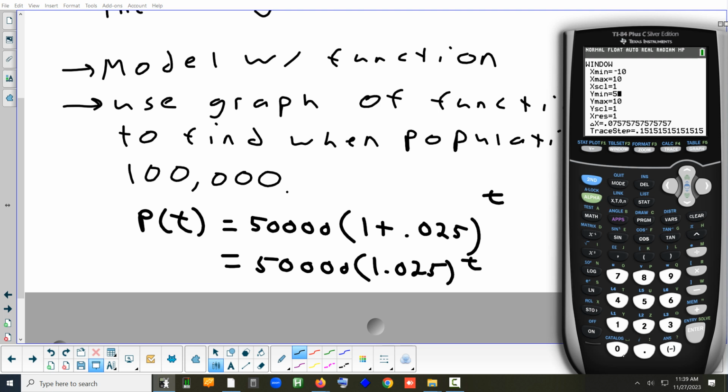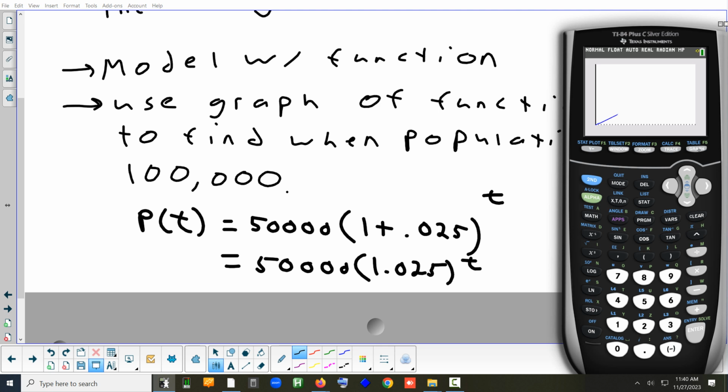And we want to find out when it grows to what? 100,000, so let's do 110. Now, X is time. What's the smallest amount of years that can go by? 0. Now, we don't know how many years it's going to take to hit 100,000. Let's assume it happens within 35 years. If I can't see my graph hit 100,000, I'll have to set X bigger.